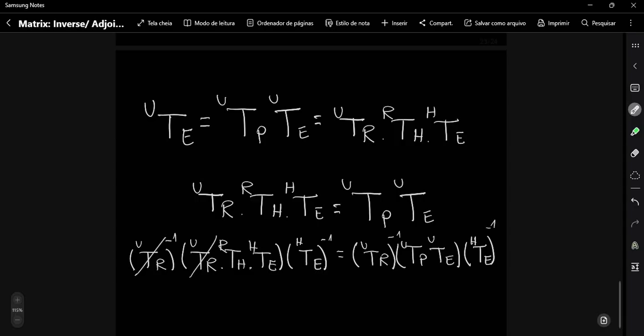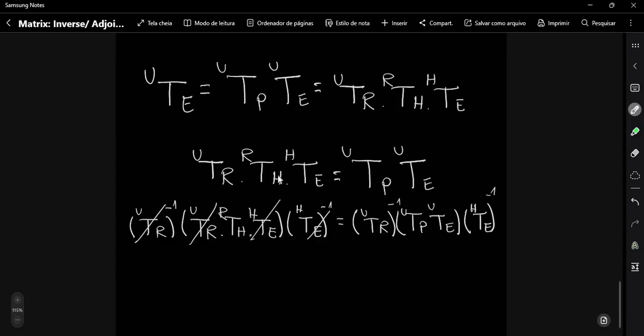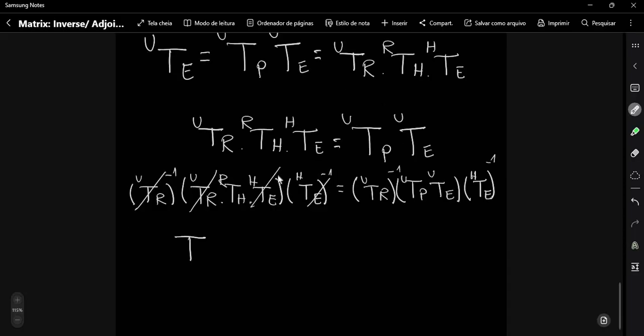So we can cancel these terms. In this way, we are left with only one transformation on this side of the equation.